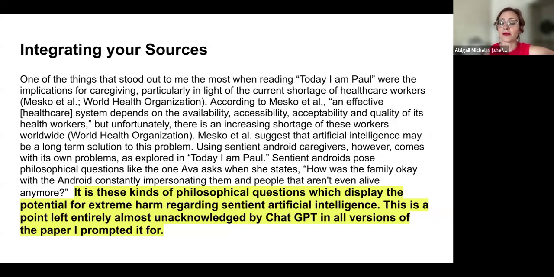So when I asked ChatGPT to write a paper on Today I Am Paul, it only wrote about the good things about sentient artificial intelligence. And by the way, I think that's kind of a funny thing about this AI currently, the generative AI that we have, it usually leans towards the positives of artificial intelligence. Sometimes you can get it to write about the negative. I've seen it done, but it tends to lean towards the positives.